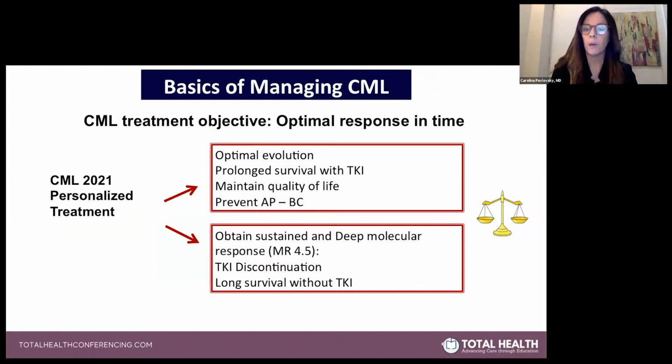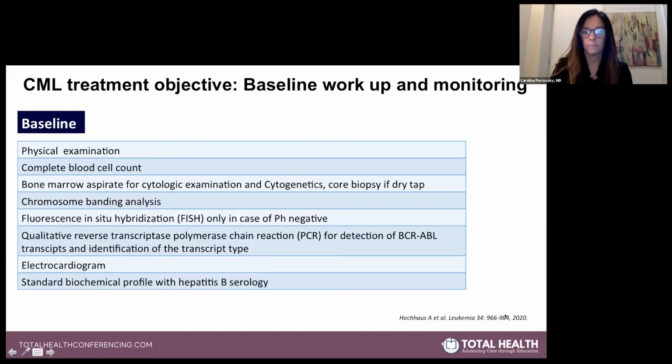Optimal evolution, a prolonged survival with TKI, maintaining quality of life, and also preventing the patient from progressing to accelerated phase or blast crisis. Here we can think, for example, of Imatinib. And also we have a second generation TKI as a first-line possibility, where perhaps the objective is to obtain a sustained and deep molecular response with the objective of discontinuing treatment and long-term survival without TKI.